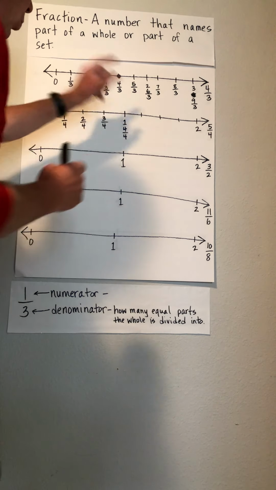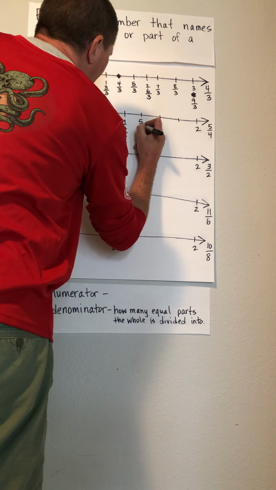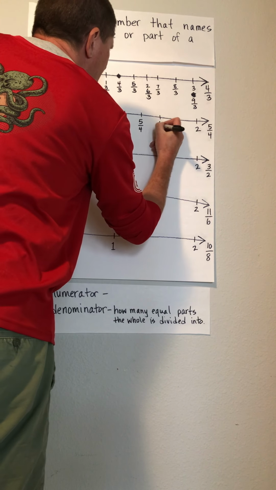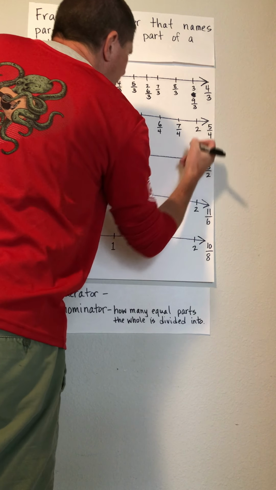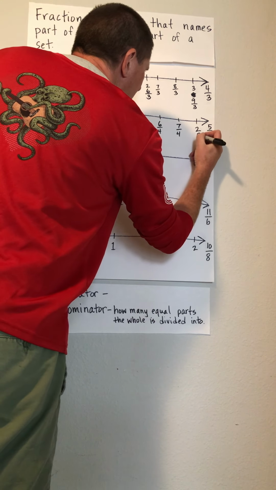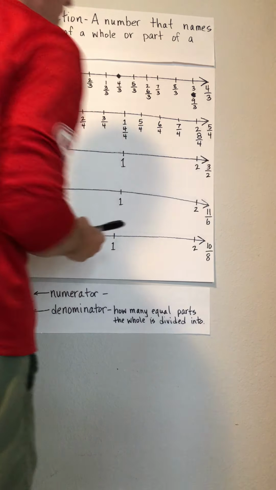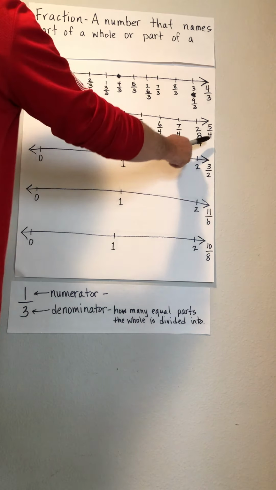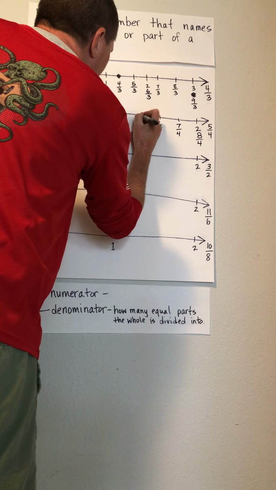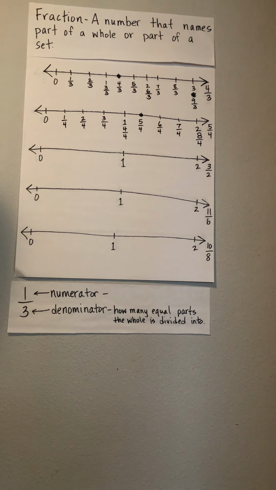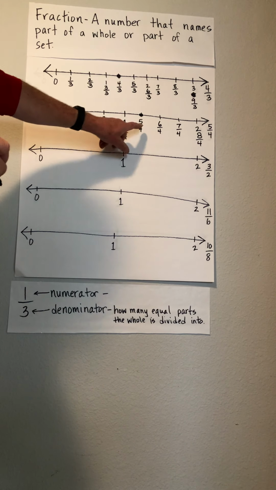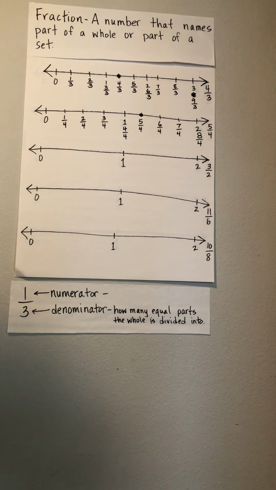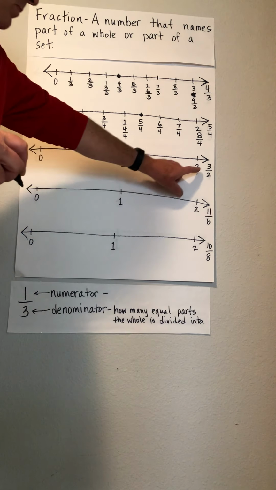Okay, going past 1, now we have 5/4, 6/4, 7/4, and then 2 is the same as 8/4. So now I'm going to find 5/4 on the number line and go ahead and mark it. Okay? 1/4, 2/4, 3/4, 4/4, 5/4.